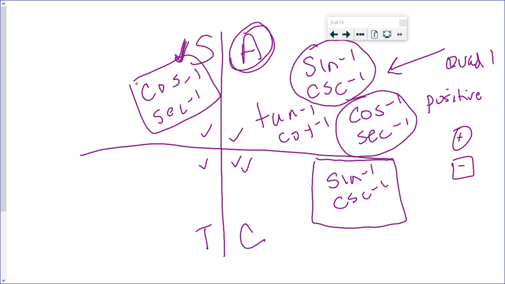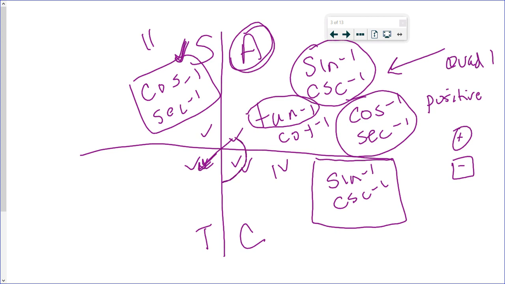Okay, now tangent and cotangent are a little different because they're positive in quadrant 3, but quadrant 3 is not a consecutive quadrant. So we are either going to choose quadrant 2 or quadrant 4 for your answer. So we're going to go back to graphing. Tangent, when we graphed it, was from negative pi over 2 to pi over 2, so we're going to stick with that same thing.